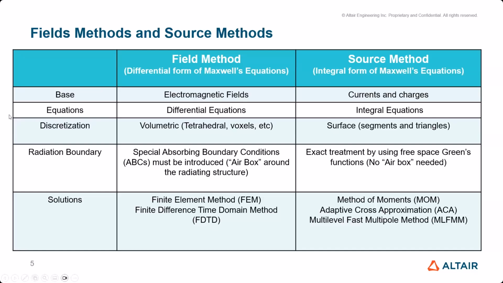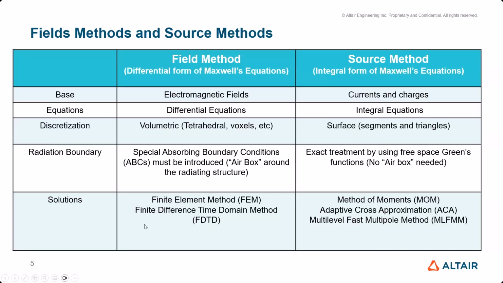These elements can either be volumetric or surface elements. Volumetric elements can be tetrahedral meshes or voxel meshes, while the surface elements could be segments or triangles. Based on your problem, you can decide if you want to solve it with a field method or a source method.